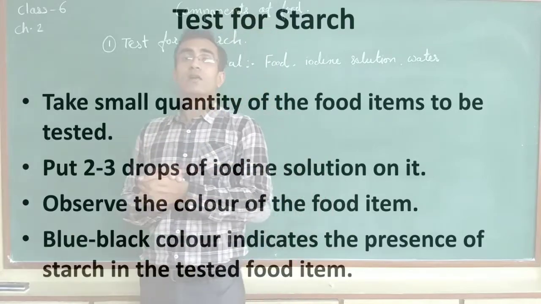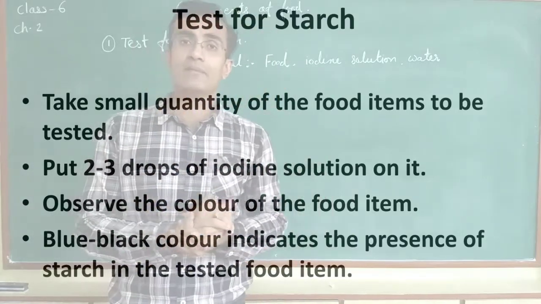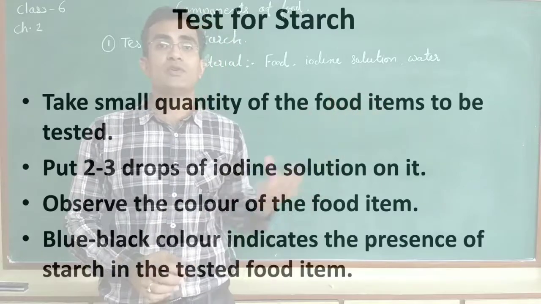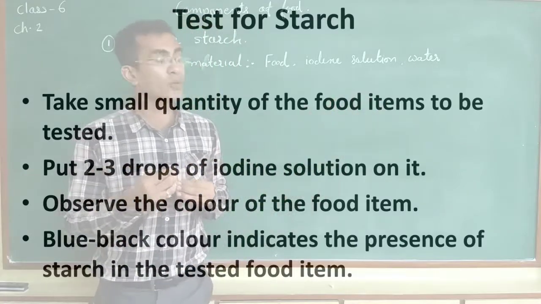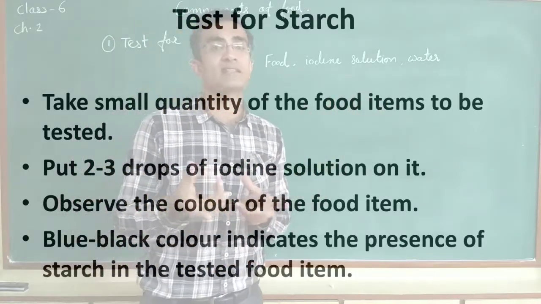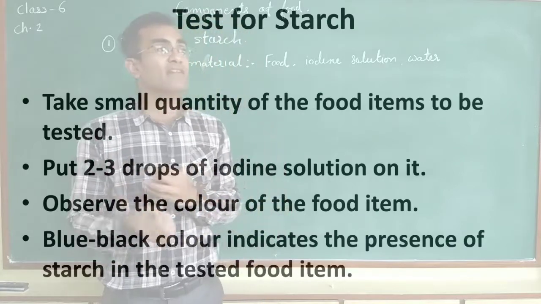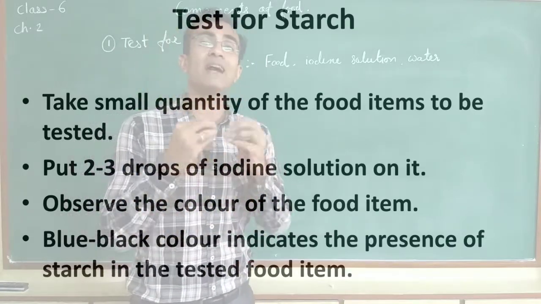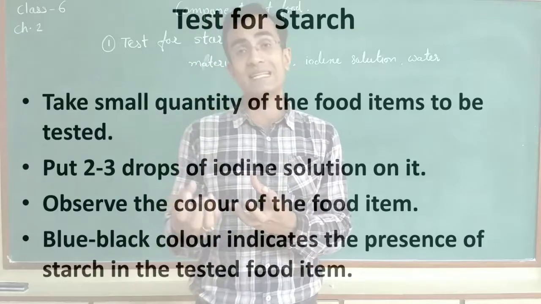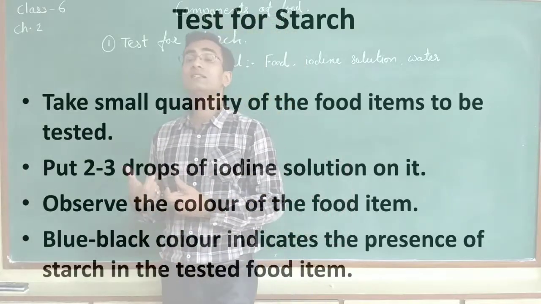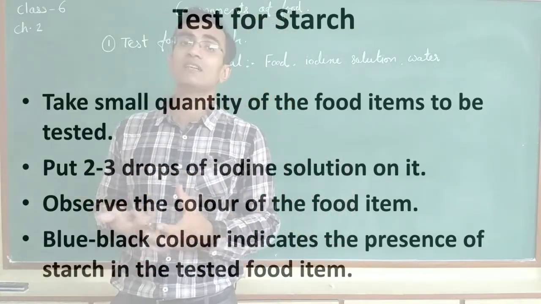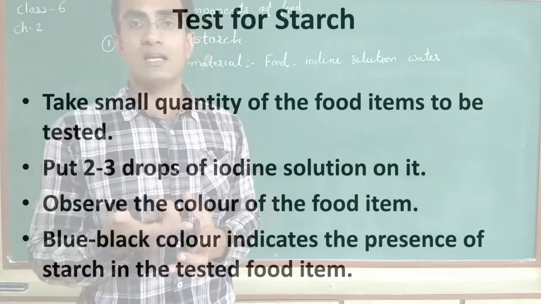Now listen, what will happen when we add the iodine? Iodine will interact with starch. Wherever the starch is present, it will bind with the starch particles and change the color. It will give a bluish black color.